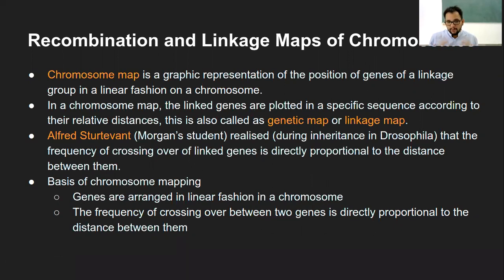If the distance is less, the chance of them going into the next gamete together is higher. So closer genes have a higher chance of going together, and farther genes a lesser chance. That way, crossing over is related to linkage.